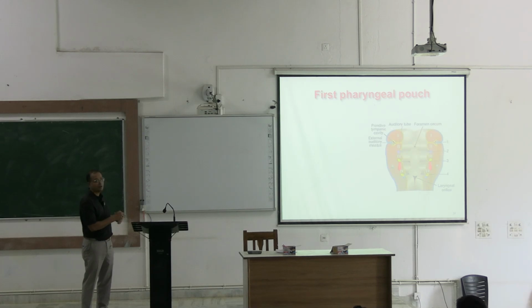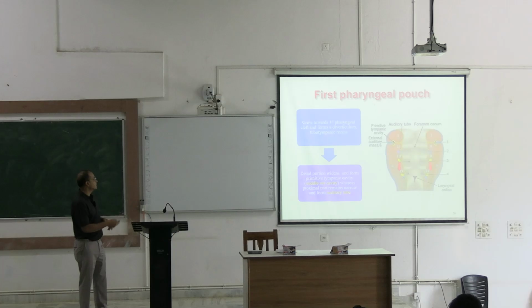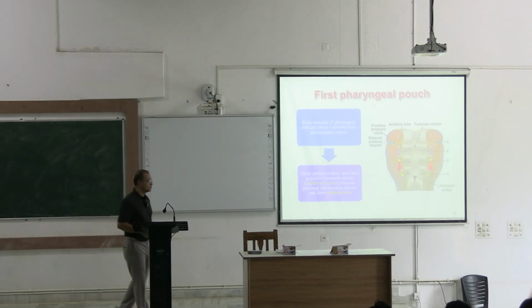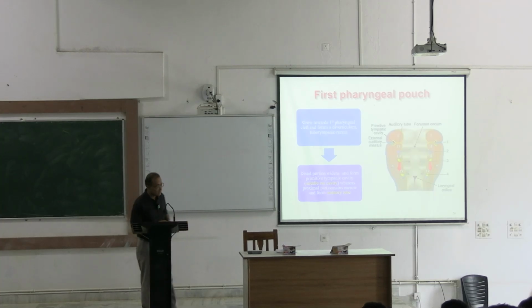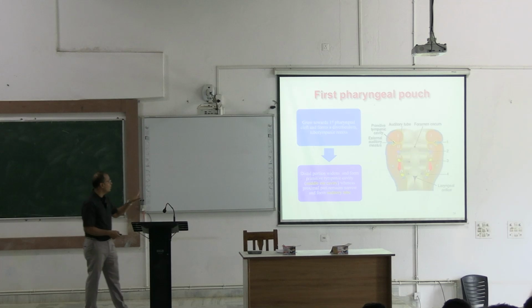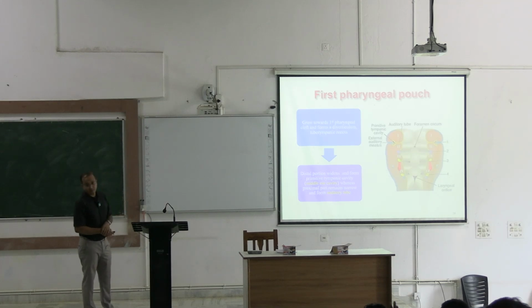We call it the auditory tube, or Eustachian tube. So the first pharyngeal pouch yields the middle ear cavity and the auditory tube. Exam MCQs ask the embryological source of the auditory tube or of the middle ear cavity. This is what you have to know about the first pharyngeal pouch.